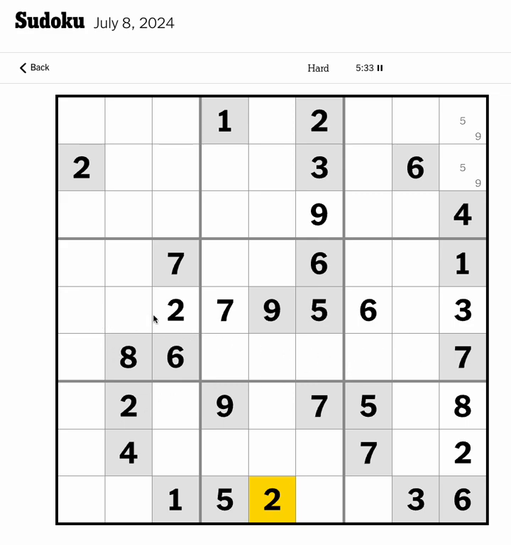Let's see. On this row 5, I believe, 8 is here, blocking these two cells. Gives me 8 here. And now these two are 1 and 4. 4 is here, blocking this cell. So this is 1 and this is 4.